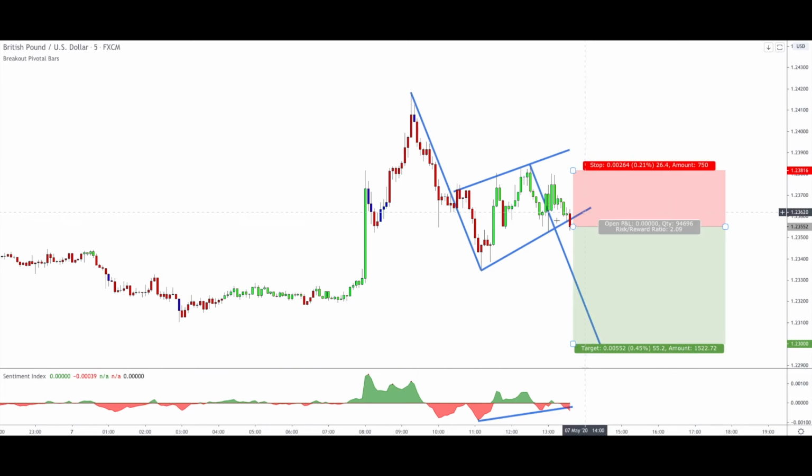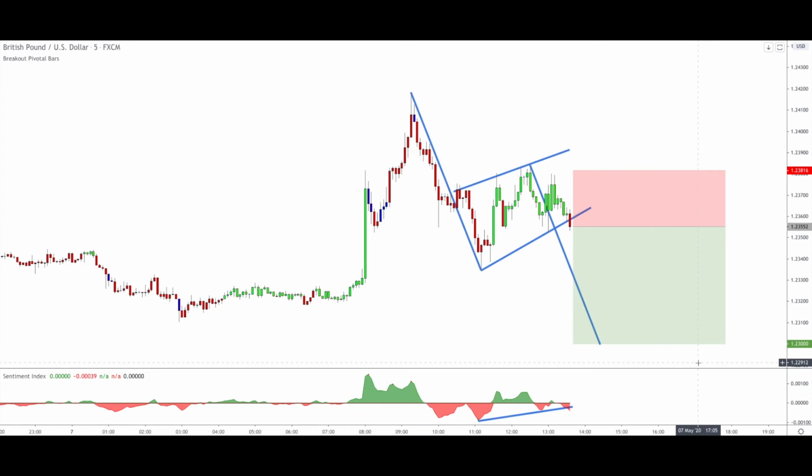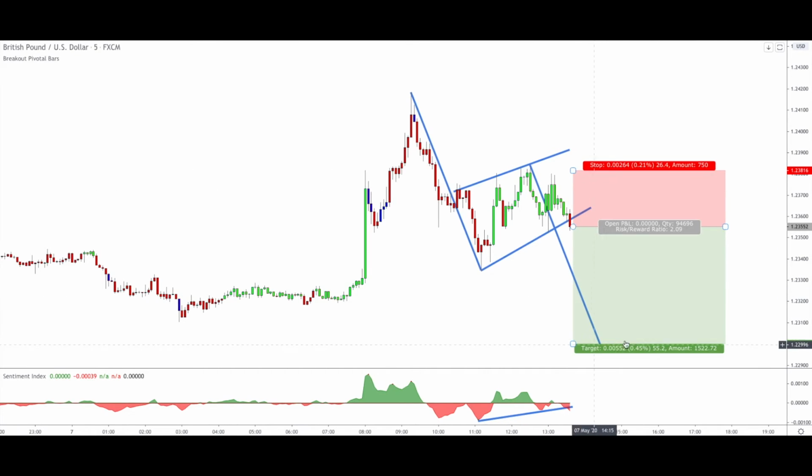For instance, the price might go down a little bit and then go up a little bit and then make the final impulse to the downside. When we have this kind of price action, there is a very high chance that the price will eventually hit the target, especially considering our setup.